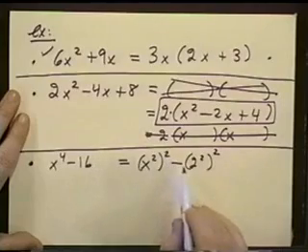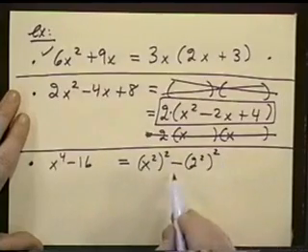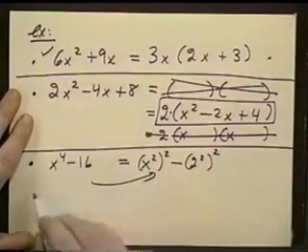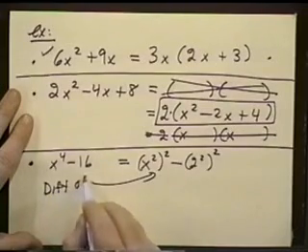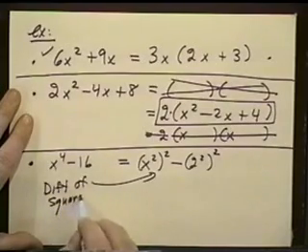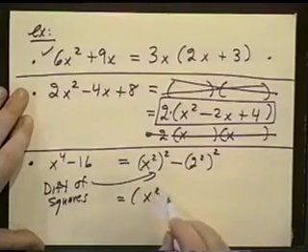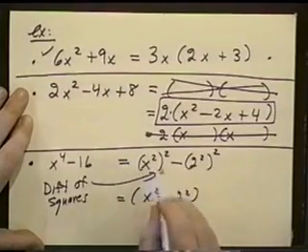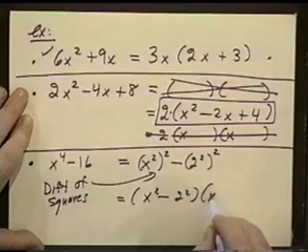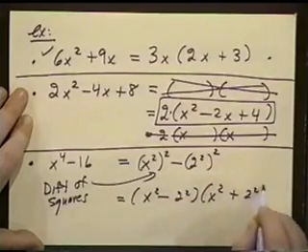I have box squared minus box squared. That's a difference of 2 squares, right? Difference of squares. Well, that means I have a rule for that. X squared minus 2 squared, remember it's the inside minus the inside, times the inside plus the inside.